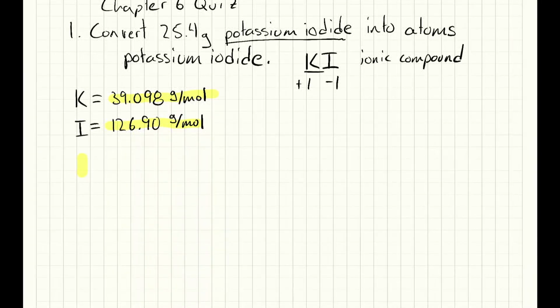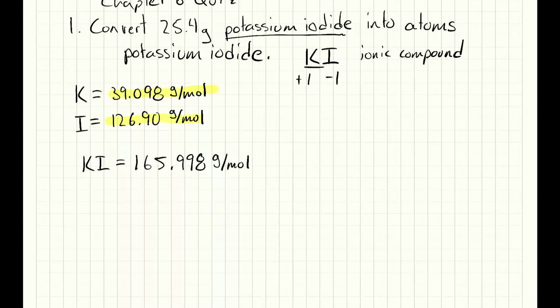So our molecular weight for KI is going to be 165.998. You want to make sure that you include all of those decimal places, otherwise you can get rounding error. I did notice some people got that on this.